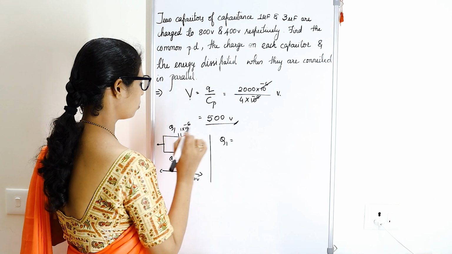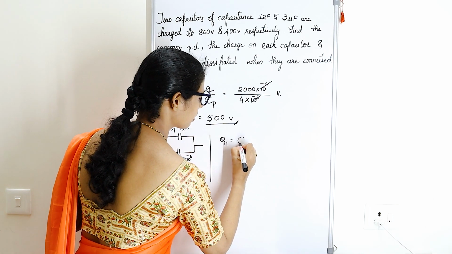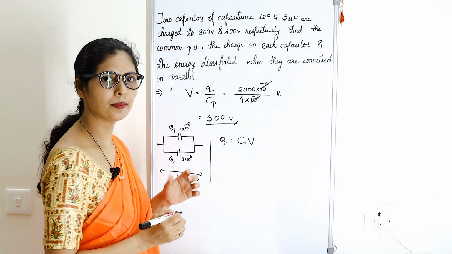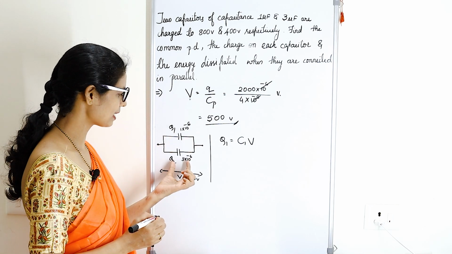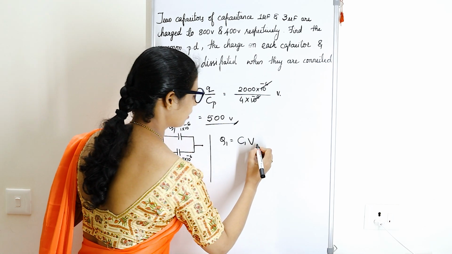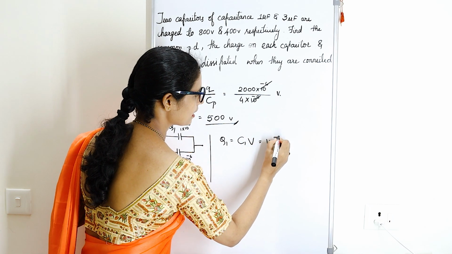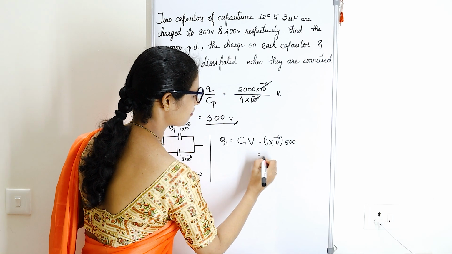So let's find the value for Q1. Q1 equals C1 V, because the potential difference across each capacitor is the same. C1 is 1 into 10 to the power of minus 6 and the potential difference is 500.